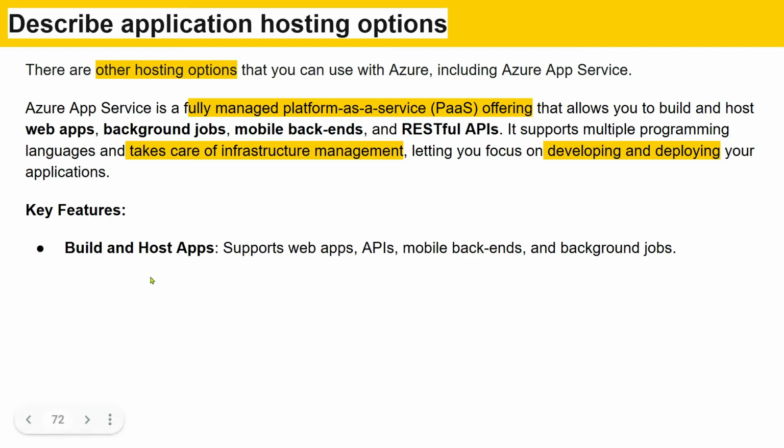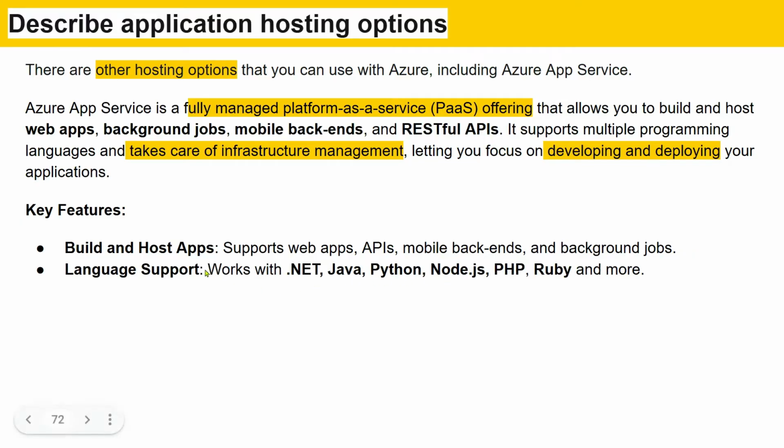Now, what is Azure App Service? Build and host apps. Azure App Service supports web apps, APIs, mobile backends, and background jobs. That means you can develop any kind of application and deploy it. Language support: it gives you different development platforms like .NET, Java, Python, Node.js, PHP, Ruby, and many more.